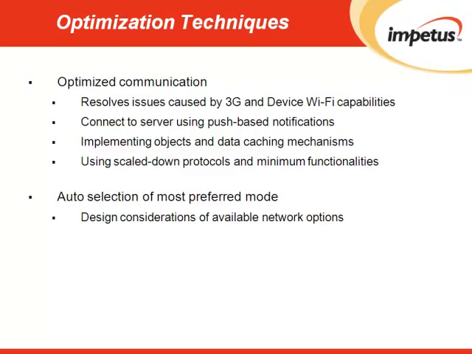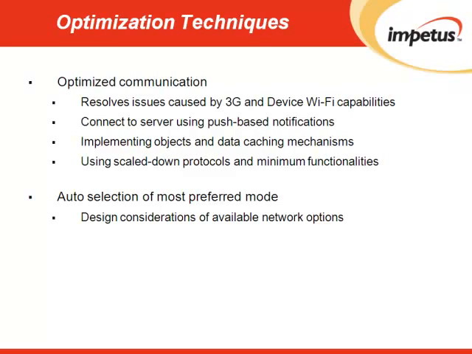In this approach, the client won't make a continuous connection to the server. Instead, the server would send a command to the client that a new message is available, and as a response to that, the application will contact the server for new updates.